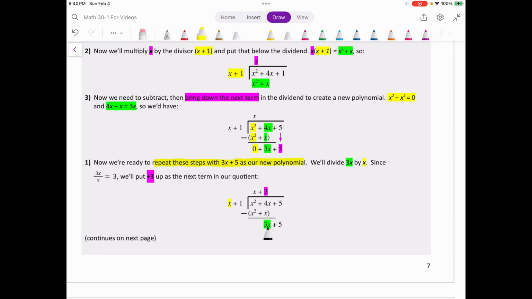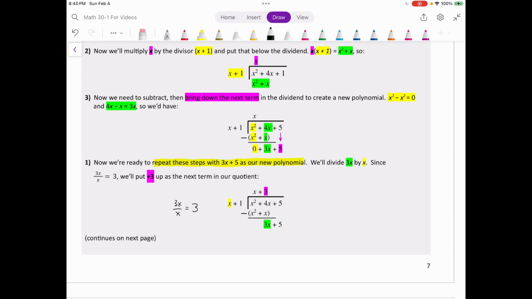So we're going to do 3x divided by x, which is 3. X over x is just 1, so that equals 3. That is the next term in our quotient. It goes up here. So far we know that x squared plus 4x plus 5 divided by x plus 1 is giving us the polynomial x plus 3.